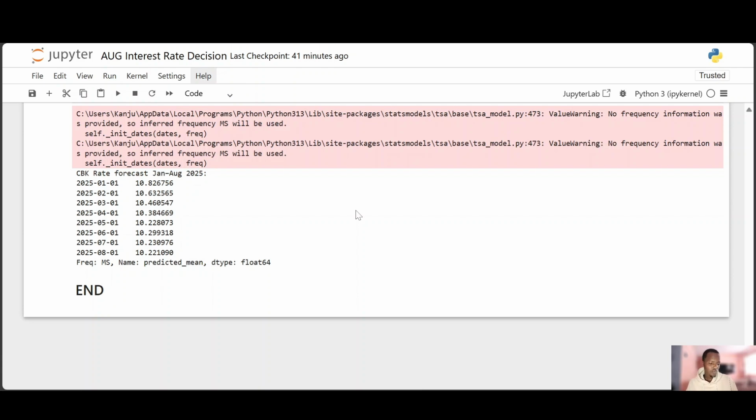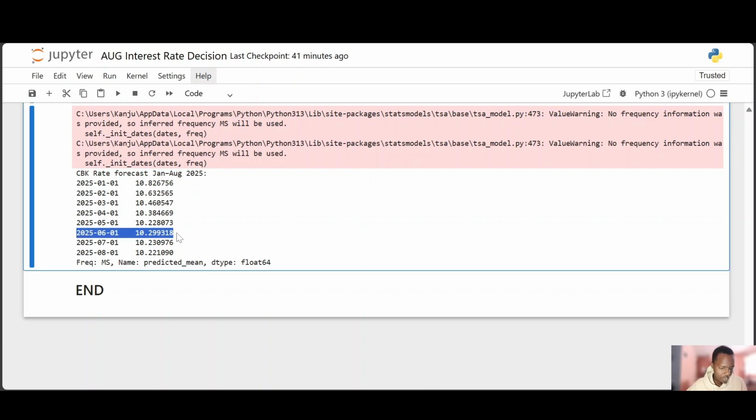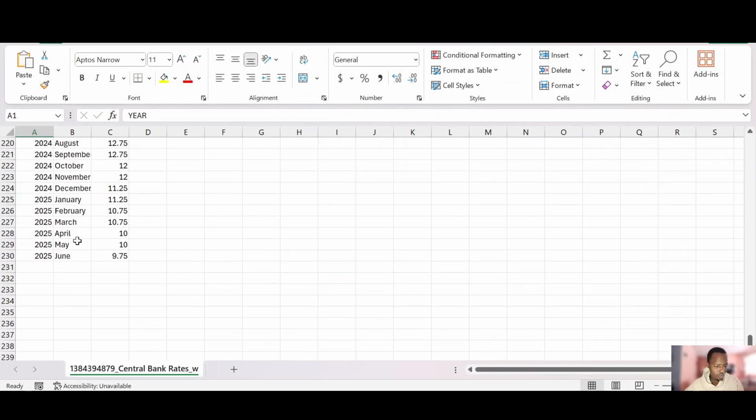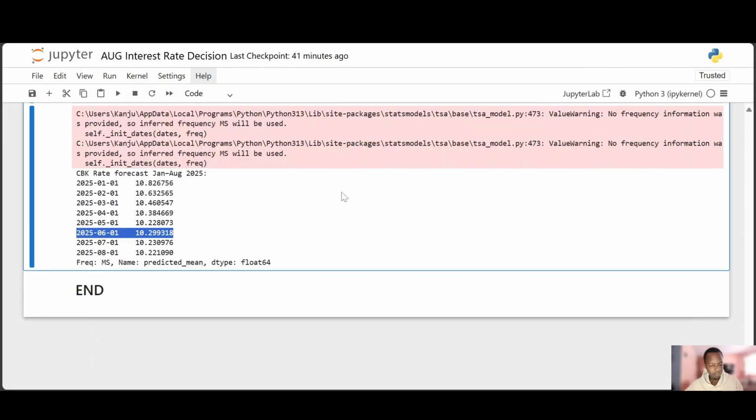If I look at the previous decision made, that was June, which is this value over here. It was 10.23. That's not the actual. Let me show you the actual. As of June, it was 9.75. The predicted one was 10.29, which is approximately 10.3, whereas the predicted for August is 10.22.